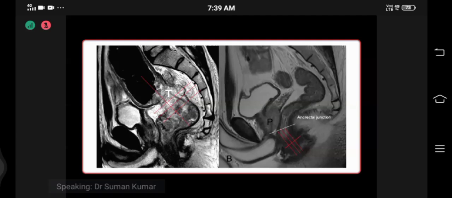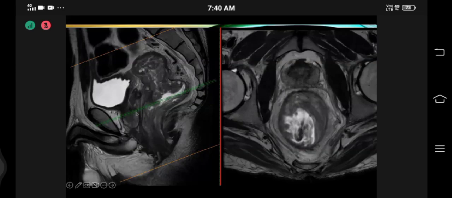And the technique which I want to mention: this is the rectal tumor, and this is the sagittal view of the pelvis, and the axial view should be taken perpendicular to the rectum rather than perpendicular to the body. Normally the true axial scans are perpendicular to the body.